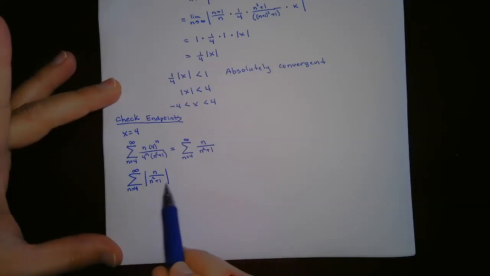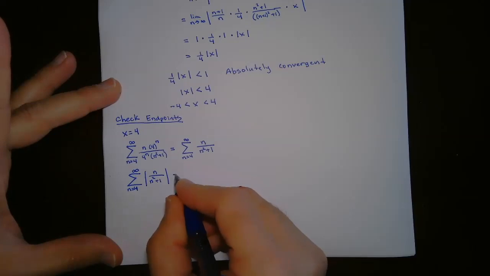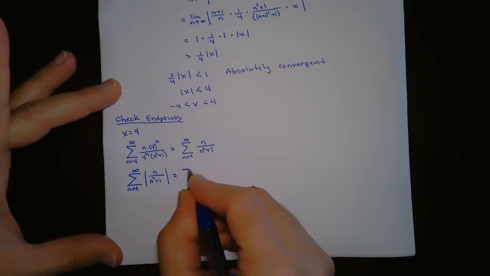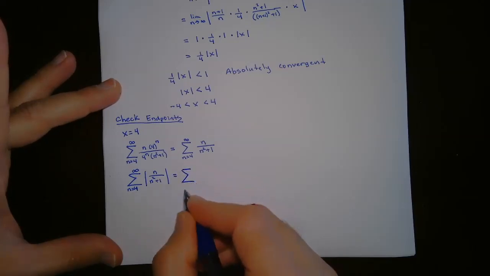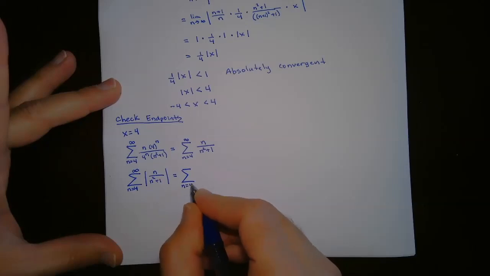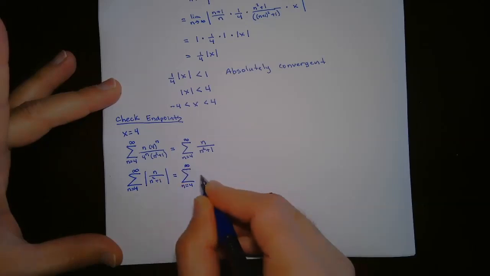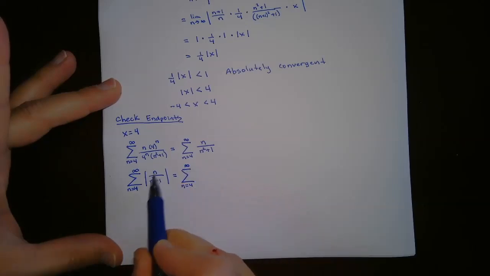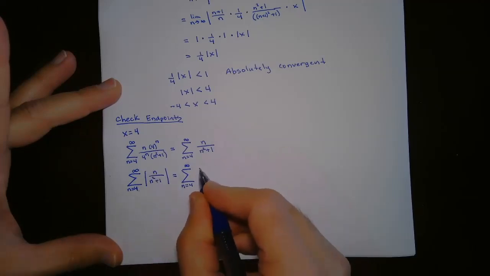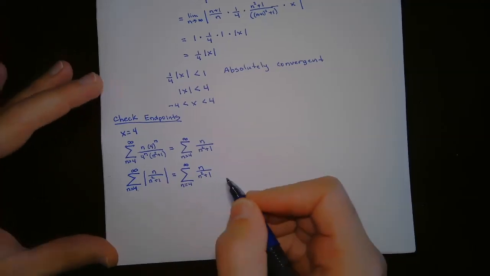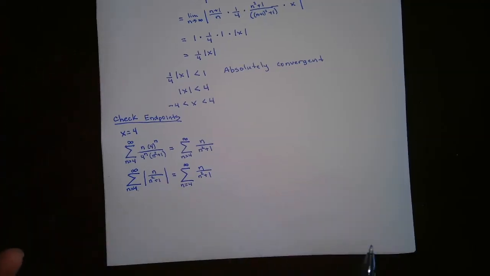In essence, we don't even need the absolute value, because n is always going to be 4 or bigger, so this is going to be positive, and this is going to be positive. It's the same series even when we take the absolute value.